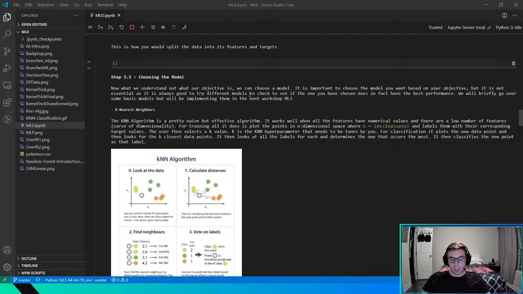But at the end of the day, most of the time you just want to test a few at a time and see which one performs best. And we'll talk about how to judge these models. We'll go over some of the basic models that are considered classical supervised machine learning, and then we'll end off with neural networks, which starts going into deep learning and more complex stuff.